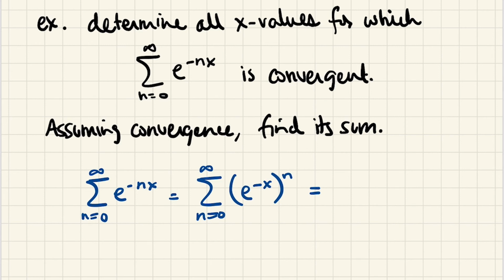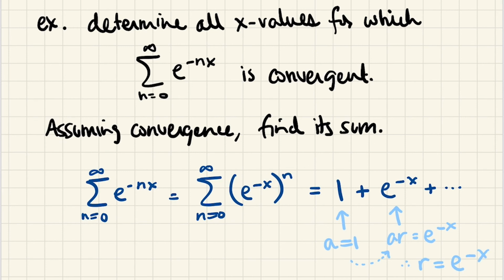So the first term of this is going to be e to the negative x to the 0, which is of course just 1, plus the next term of this series, which will be e to the negative x to the first power, plus, who cares, right? At this point, we have our a, which is 1, and we see that ar is e to the negative x, but a is 1, so we have r equals e to the negative x.